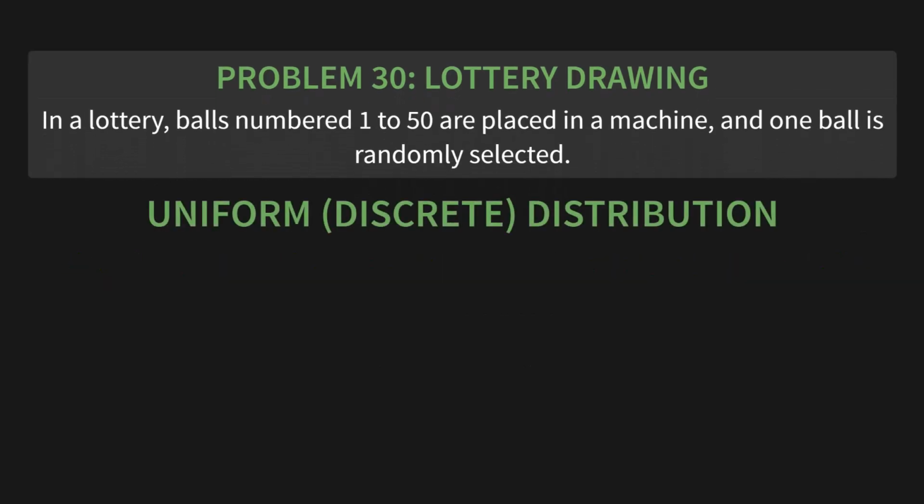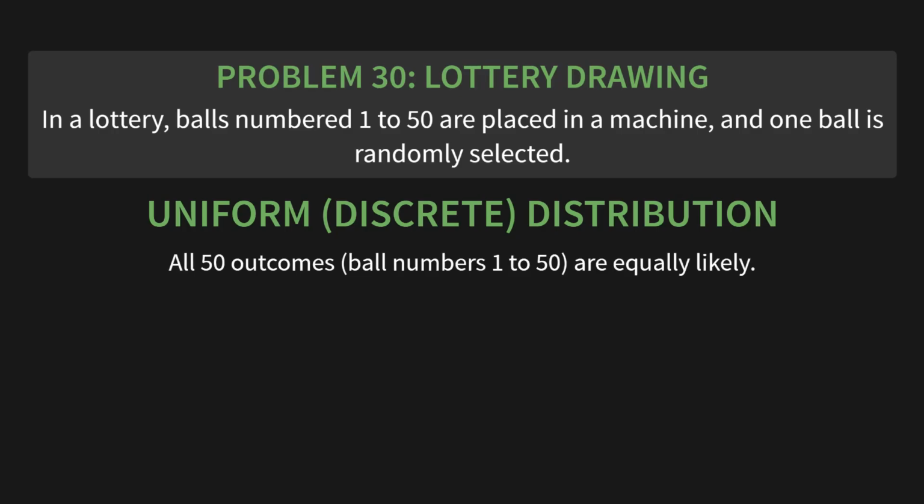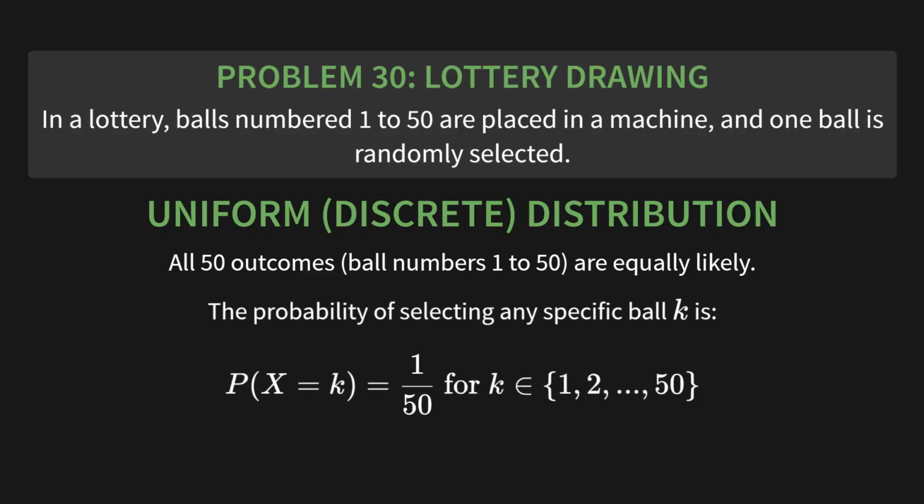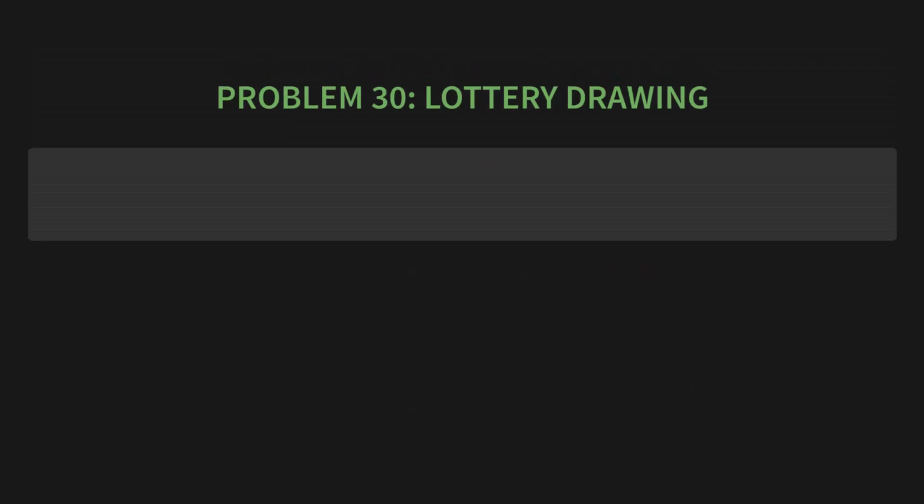Of course not. This is the uniform, specifically the discrete uniform distribution. All 50 outcomes from ball number 1 to 50 are equally likely. The probability of selecting any specific ball, k, is simply 1 divided by 50.